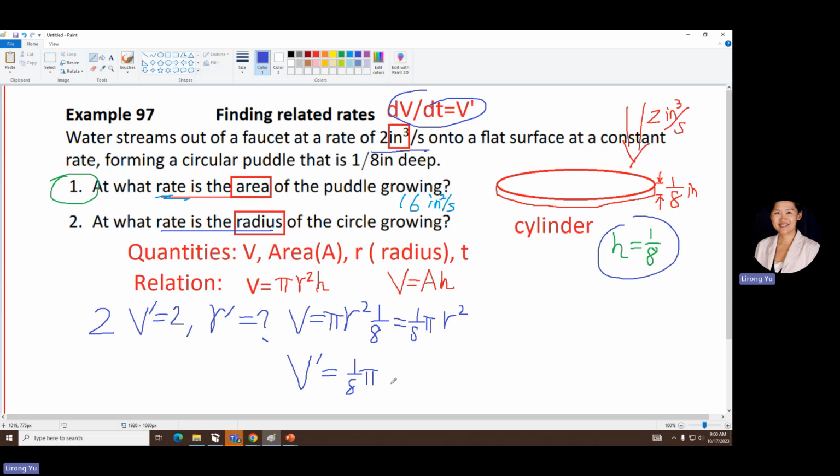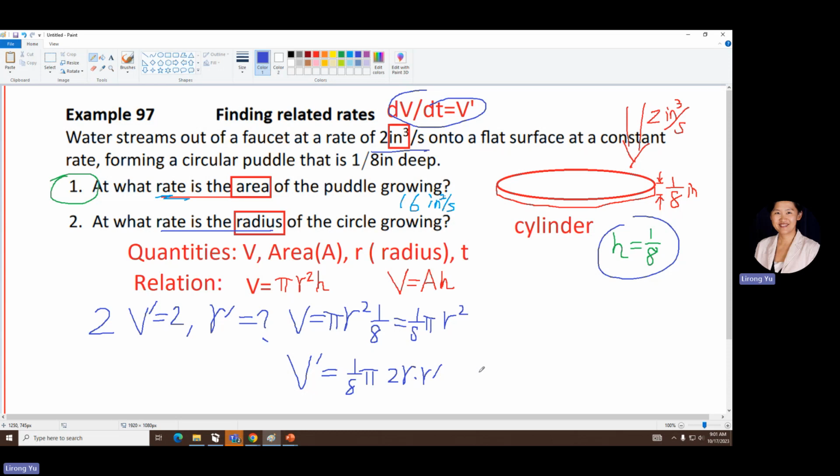So the derivative of this is 2r times r prime, similar to implicit differentiation. The reason is R is a variable, a function of time. If you find the derivative of a function to the power 2, you apply the power rule, then you apply the chain rule.